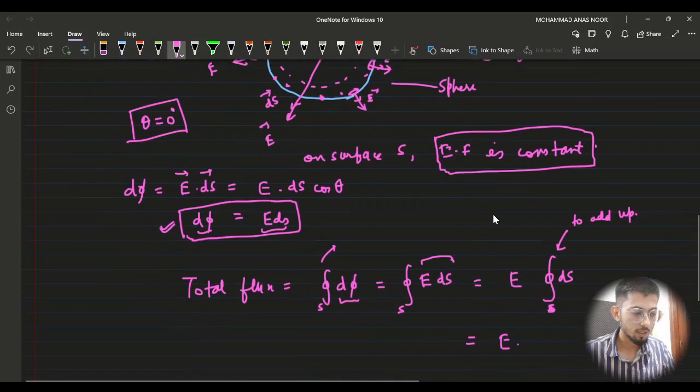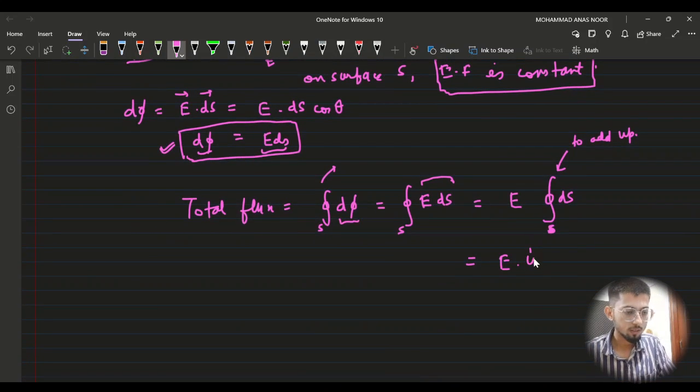And what is the area of a sphere? 4 pi r square. So you should remember this thing. Whenever we do a surface integral over a surface, that gives the area of that surface, because you add each one of those individual ds and it adds up to give the total area.